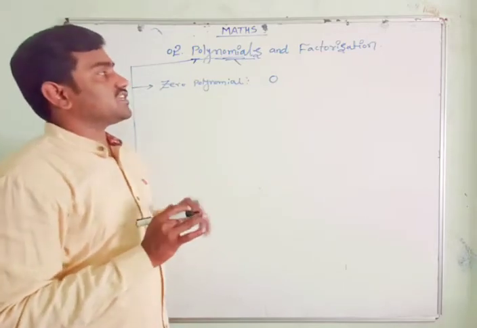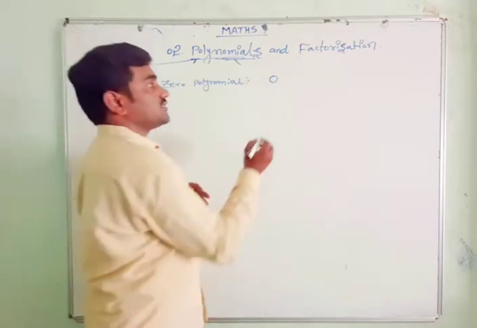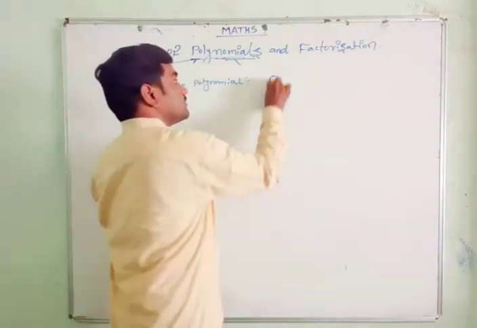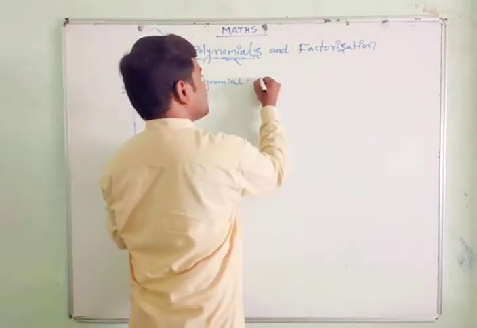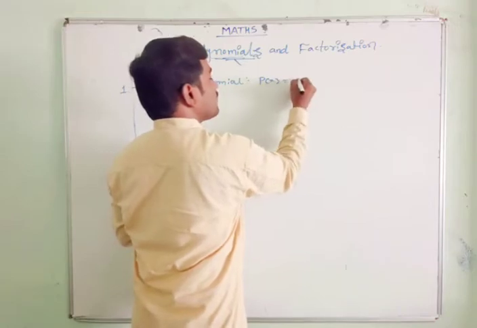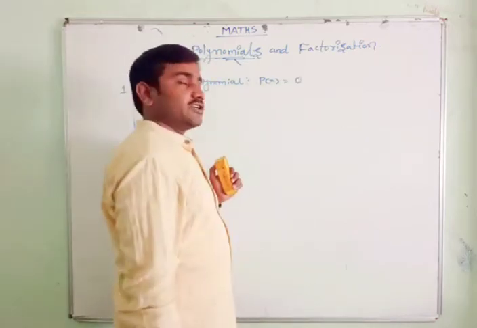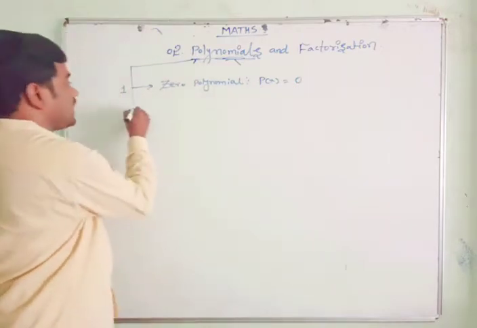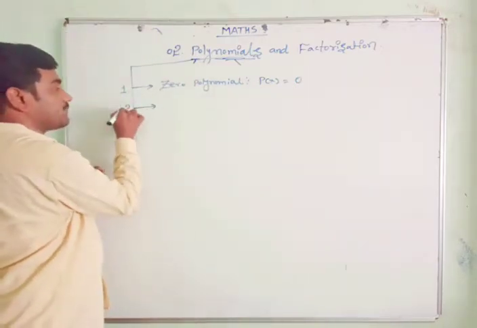How can we say it is an algebraic expression? See, suppose p of x equal to 0. It is known as a zero polynomial. Next, I will tell you in depth again.